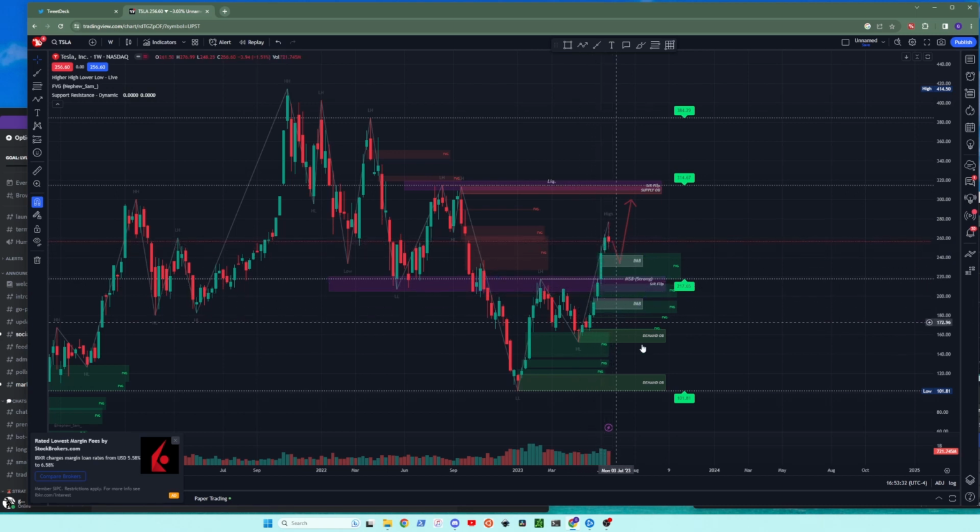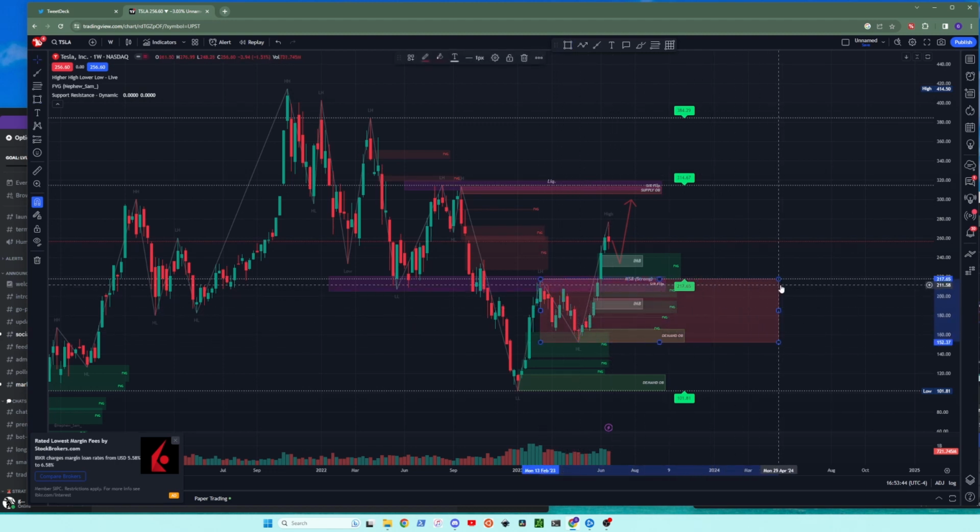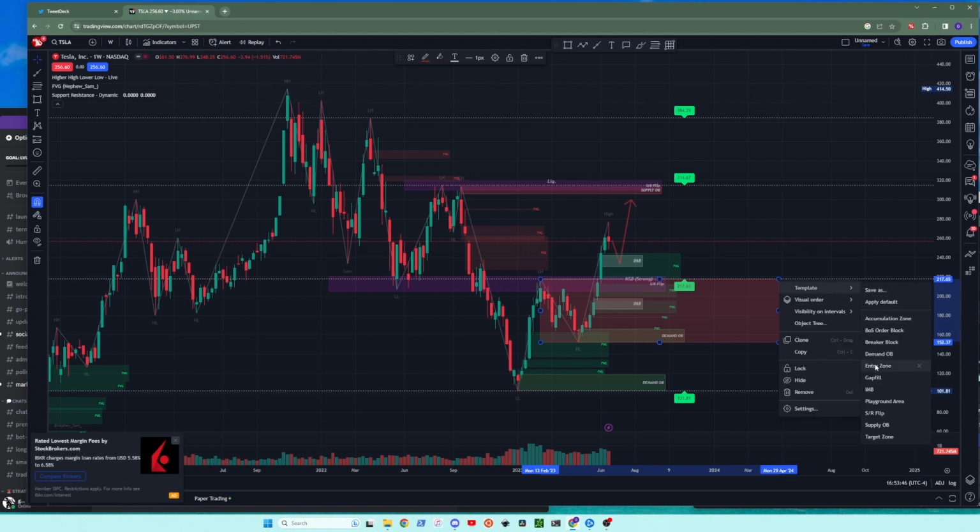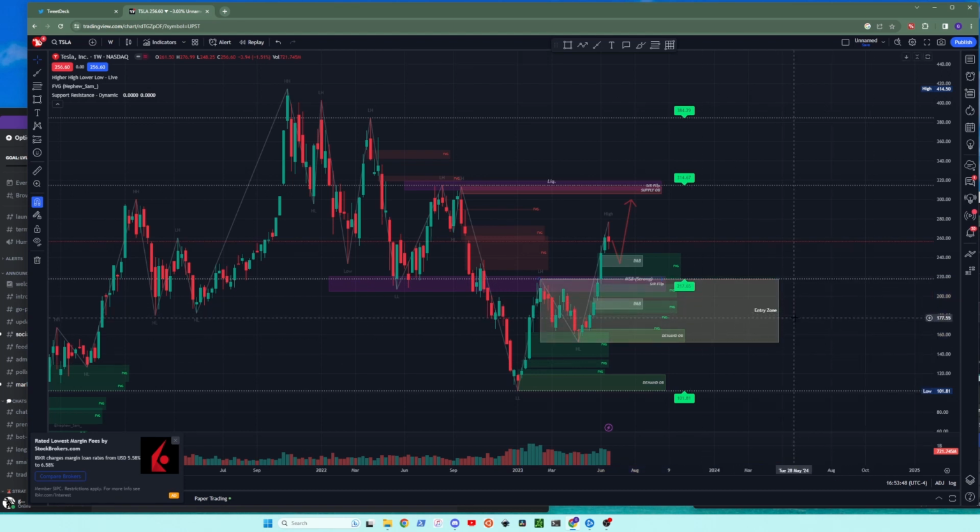So now this demand order block area is what I'd be looking for if I was going to be getting a sniper entry. But because this is a massive time frame, what you could also do is this right here, and that would be your entry zone. And then I'd flip down to a smaller time frame, like the hour, 2 hours, 30 minutes, whatever.